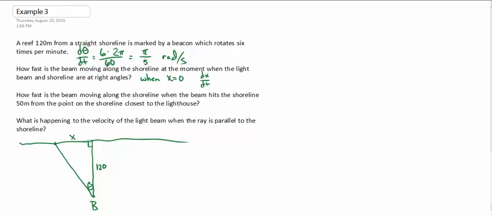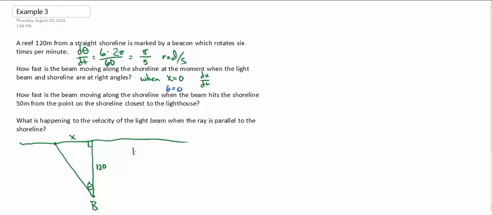And when x equals 0, well, it happens that theta also equals 0, something to know. So what's the relationship between x, the distance along the shore where the beam is hitting, 120, the distance from shore the beacon is, and this angle that is changing as the beam scoots out along the shore?